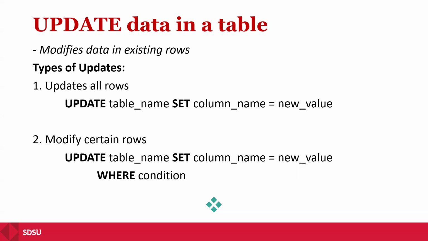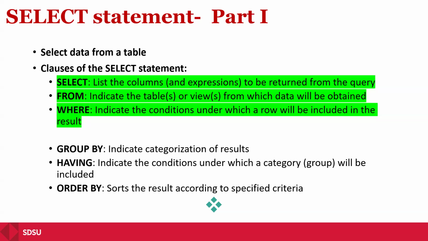In the where clause, you can say, for example, where the Boolean is signed up for newsletter is equal to true. And that's the way you will be able to update only certain rows in the table. Okay, so that concludes the DML part that has to do with data inserts and updates.